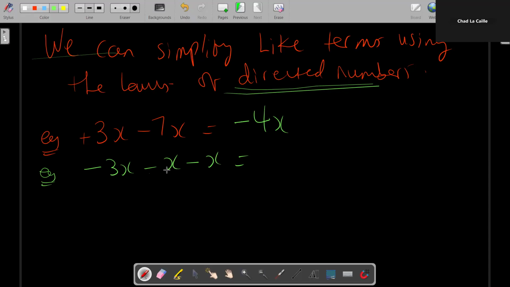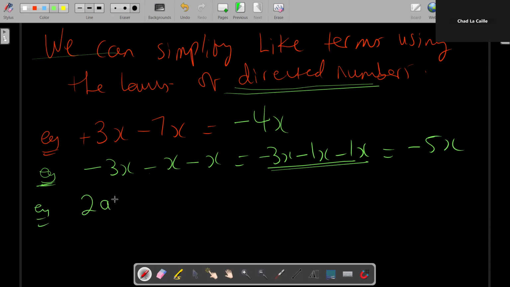Yes, sir, they are like terms. So what we want to do here, we can write it back as minus 3x minus 1x minus 1x. We can simplify them using the laws of directed numbers. So we say same signs, add and keep the same sign. 3 plus 1 plus 1 is 5, so that is minus 5x, right?